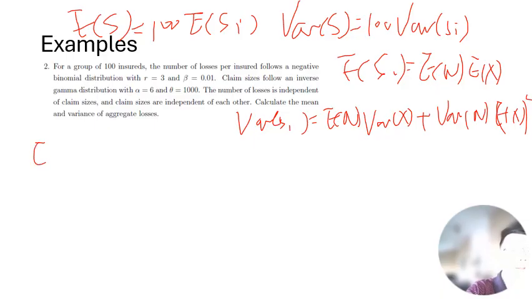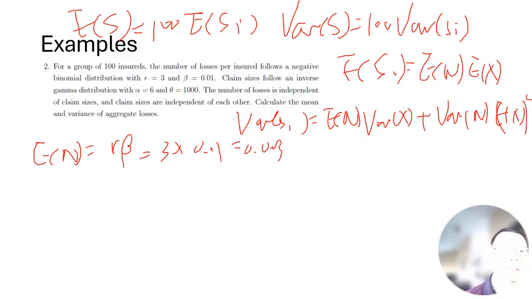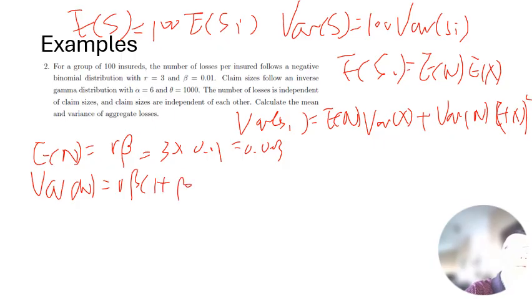So let's calculate EN first. EN will be equal r beta, so 3 times 0.01. Because this is a negative binomial distribution, VAR N will be equal r beta times 1 plus beta, which equals 3 times this.